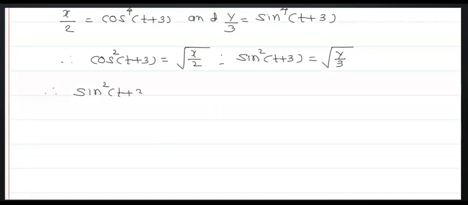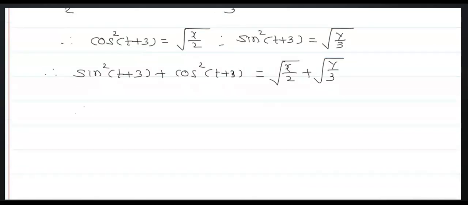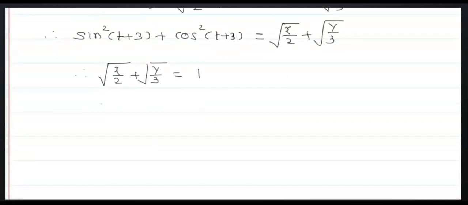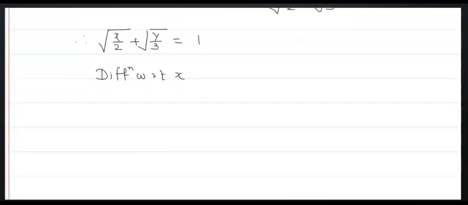Now sin square t plus 3 plus cos square t plus 3, that is equals to root of x upon 2 plus root of y upon 3. So the value is 1. Therefore root of x upon 2 plus root of y upon 3 is equals to 1. Now differentiate this with respect to x.